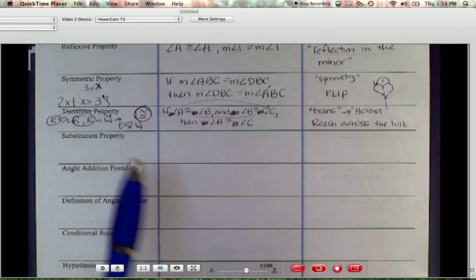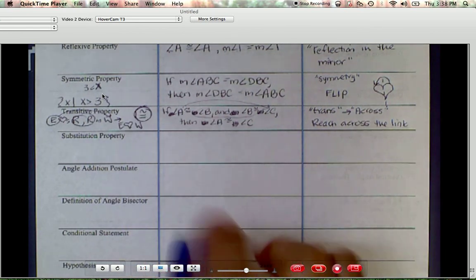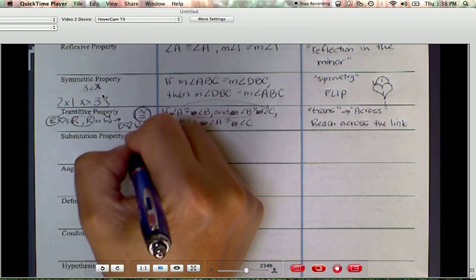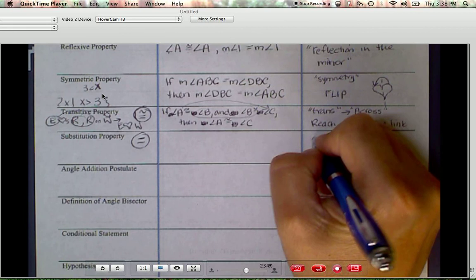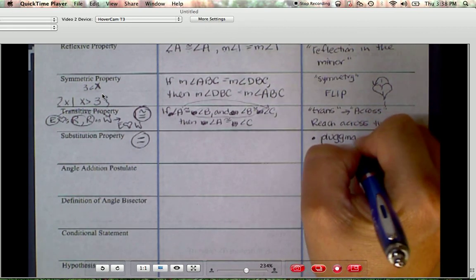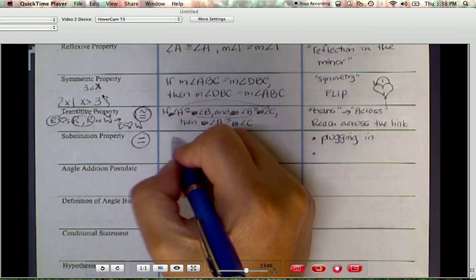All right, the last property we're going to talk about today is the substitution property. Now, if transitive is only congruence, substitution is only equality. We only use it for equality. And we use substitution property in algebra all the time. When you take something that's equal to something else and you plug it in place of it. So there's two times when you call it substitution property. When you're plugging something in, okay, and I'll give you an example of that.